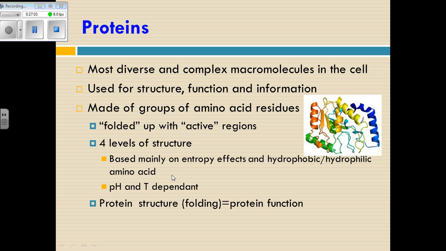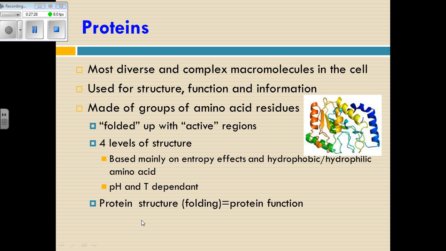The thing about proteins is that they're both pH and temperature dependent in their folding. So if you have a very high temperature or a very low temperature, they're not going to fold correctly. Also, if the pH changes, you're going to change the charges of those amino acids. So you're going to change how many are hydrophobic and hydrophilic. Okay, so it's very dependent on pH and temperature.